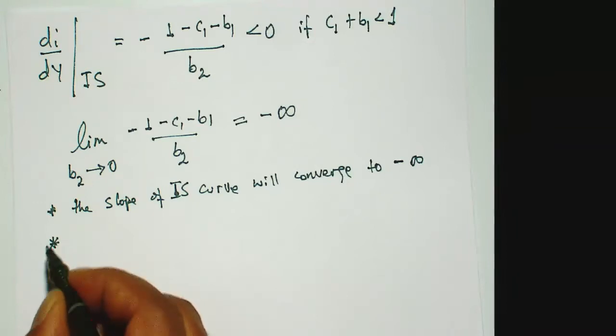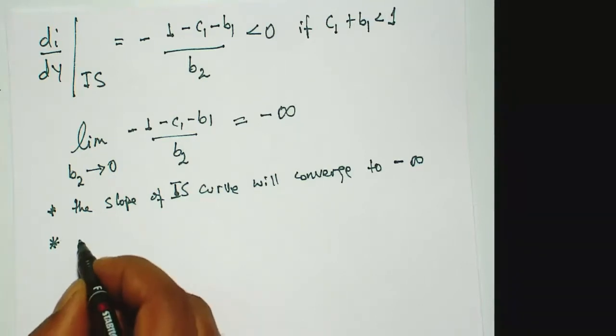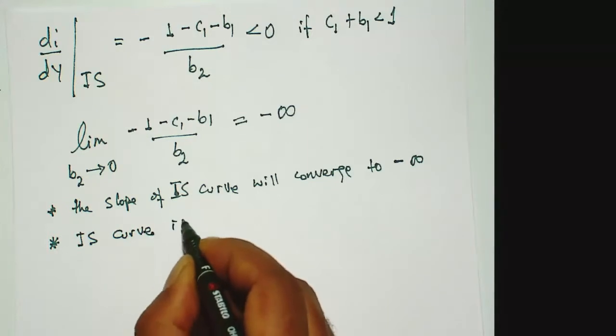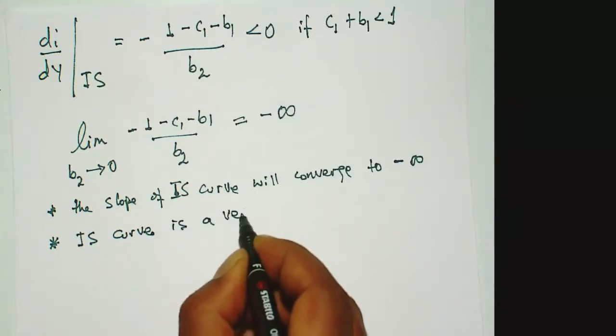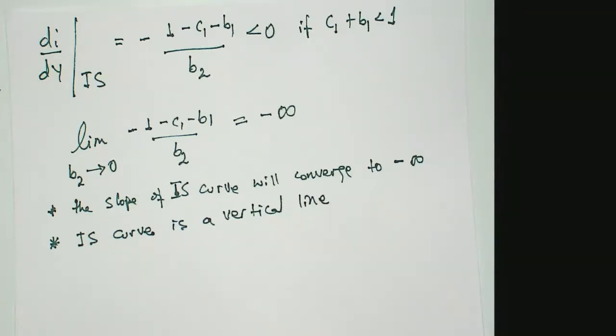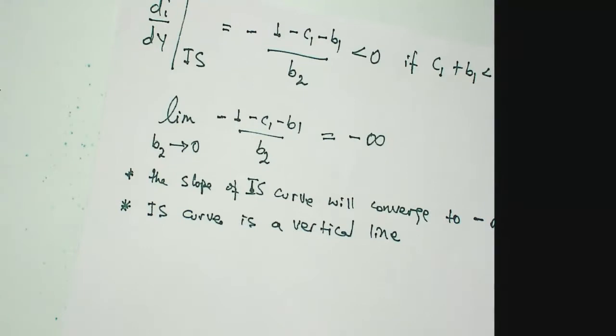And the second thing that we notice is that if the slope is converging to minus infinity, the IS curve is then a vertical line, instead of what we have been seeing so far about the IS curve.